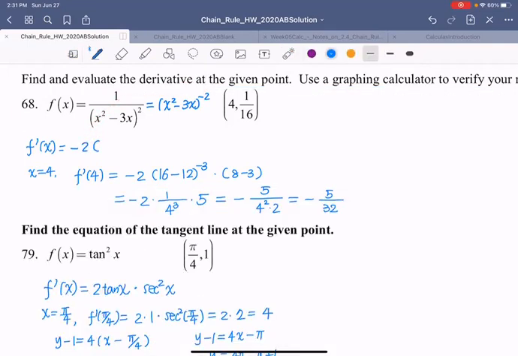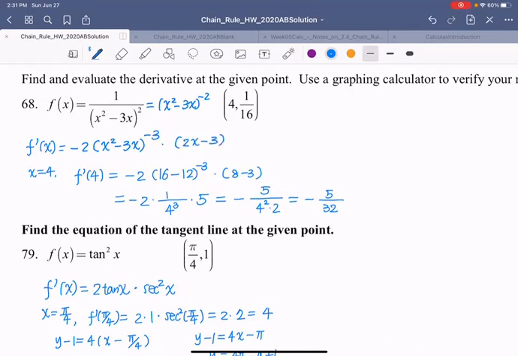Copy down x squared minus 3x to the power of negative 3 and times 2x minus 3.